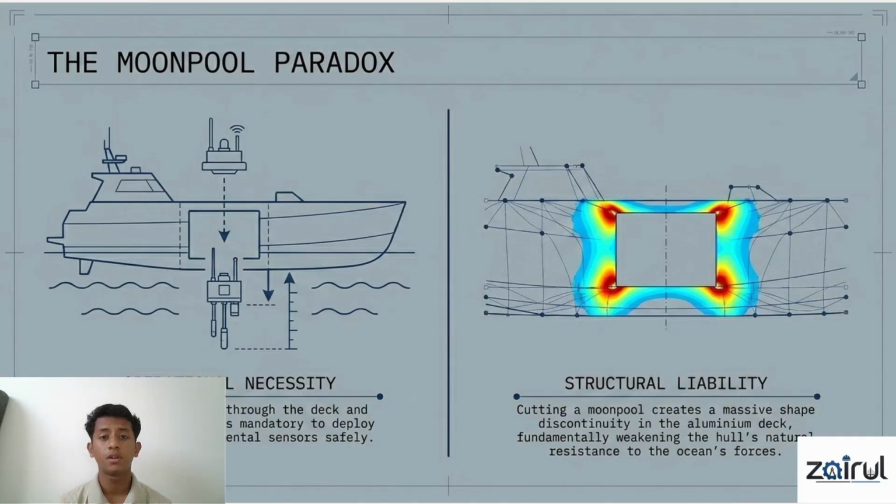If the moonpool is not properly designed, it will initiate cracks and eventually reduce the structural life of the vessel. So, the vessel will not hold long enough to adapt to the waves or external forces from the lake or river. Now, we will talk about loading conditions at the next slide.